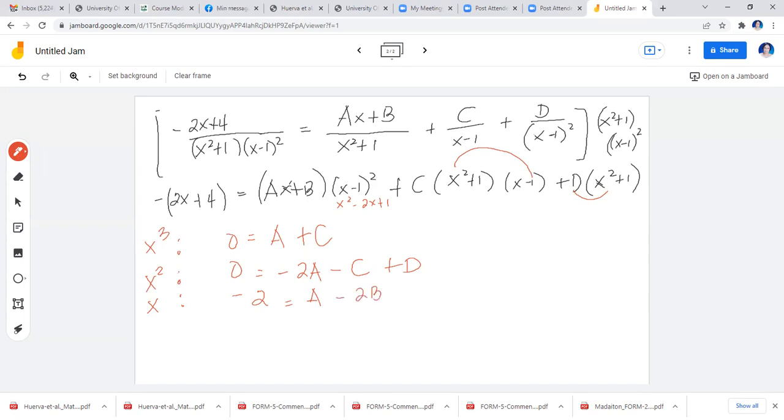They will both have an x. This one will have an x and this one will have an x. Now for this term here, this one is x times c, so that would be c. Here does not have any x. Now for the constants I represent them as x raised to 0, meaning there's no x variable there. X raised to 0 is 1.